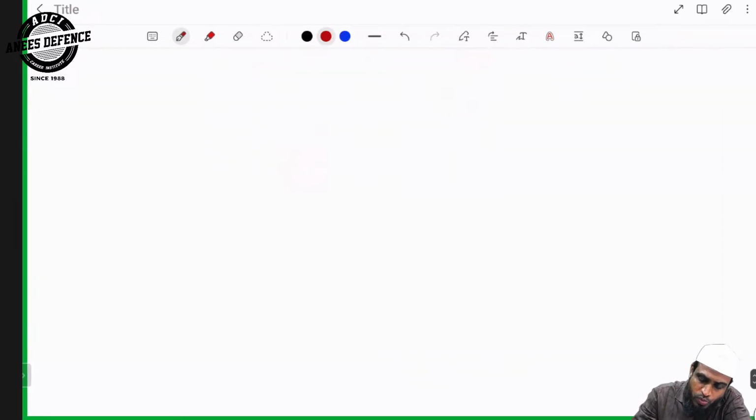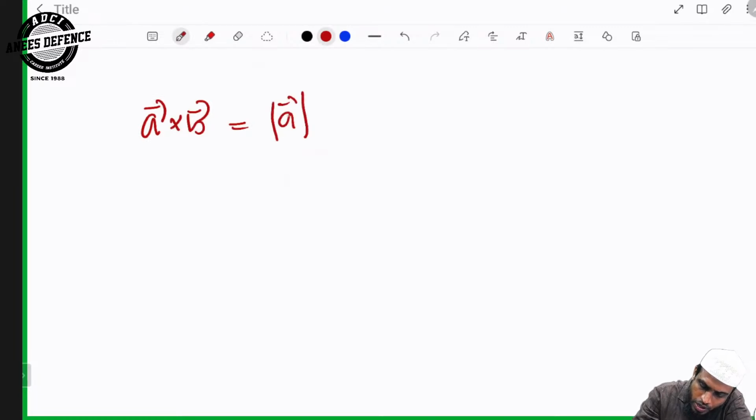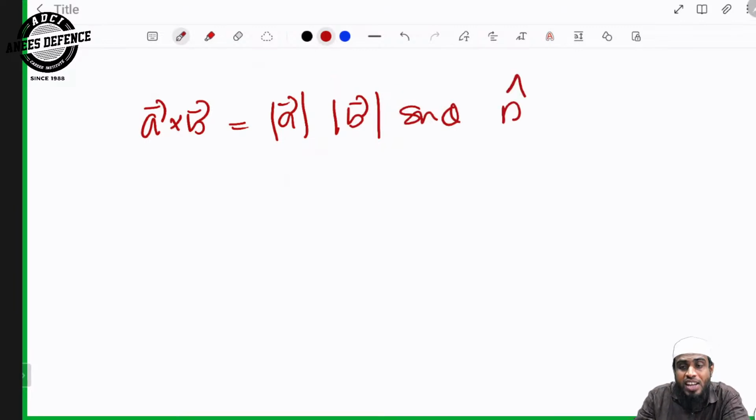So what is A cross B? What is the formula? A cross B equal to mod A into mod B into sine theta into n cap. What is n cap? Cap is a hat. When you see a cap, that indicates a unit vector. So what will be the direction of n cap?